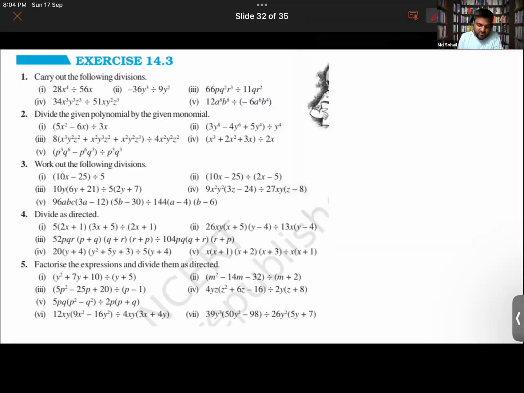From question number 1, pick the questions according to your choices. So first one, Arham. Arhan, you take the fourth one. Okay, do the question.